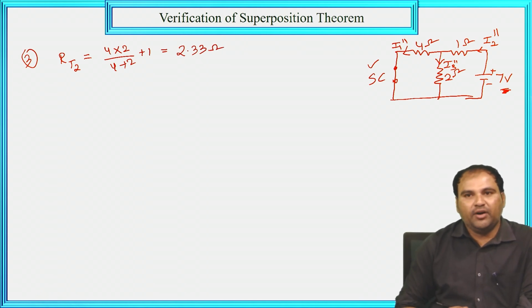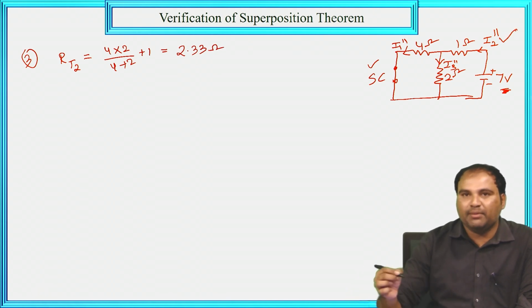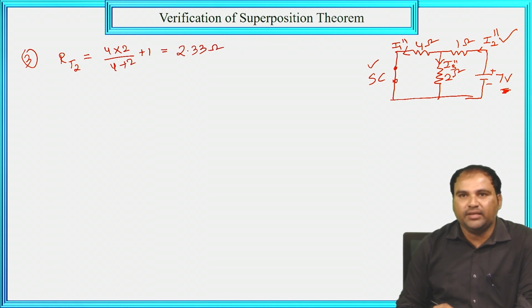Now similarly we have to find out the total current of the circuit. In this circuit the total current is I2 double dash because it is from the source.